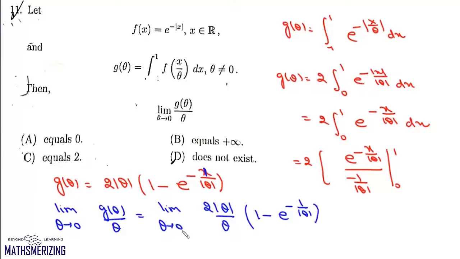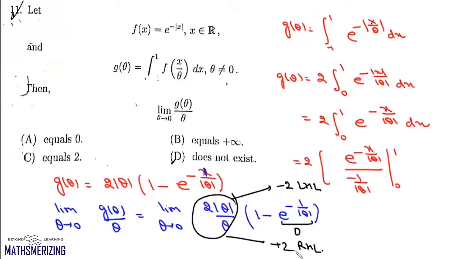Now whether we take theta positive or theta negative, it will be e to the power minus infinity, and this will always be 0 for both left hand limit and right hand limit. Whereas this expression will be minus 2 in the case of left hand limit, and it will be plus 2 in the case of right hand limit. That means this limit does not exist, and that's your option D.